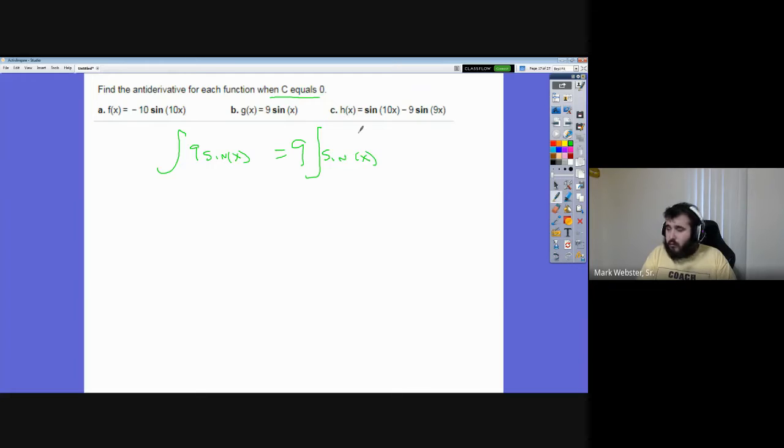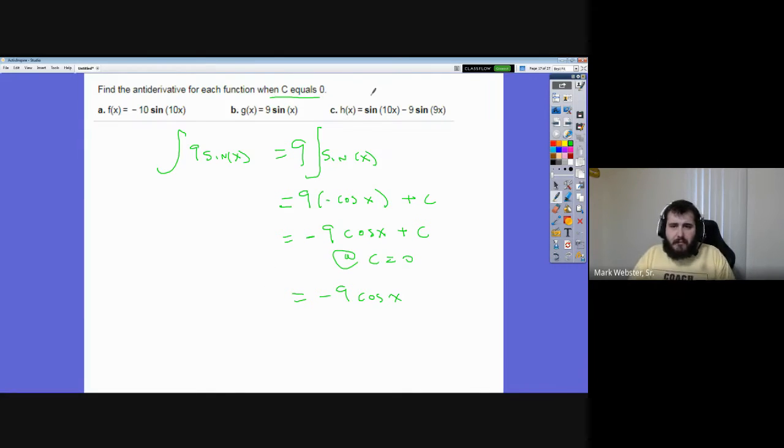Well, the integral of sine is negative cosine. So our final answer, once we remember that c equals 0, is just negative 9 times the cosine of x.